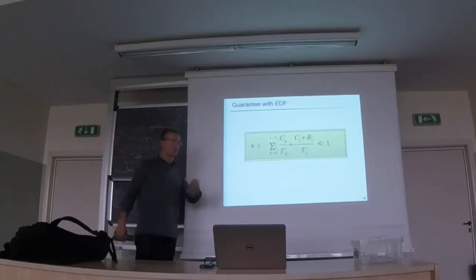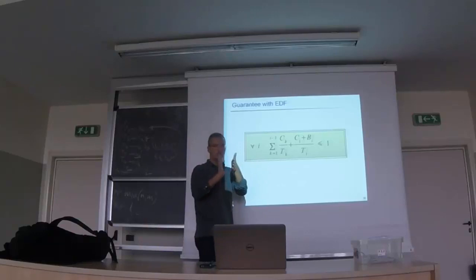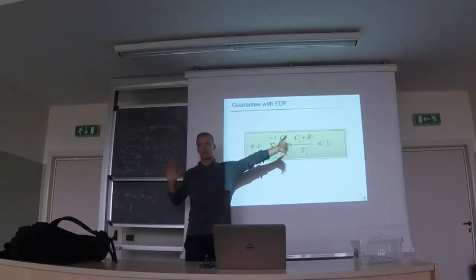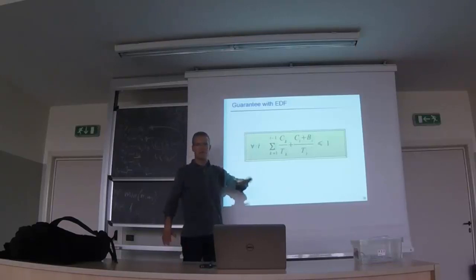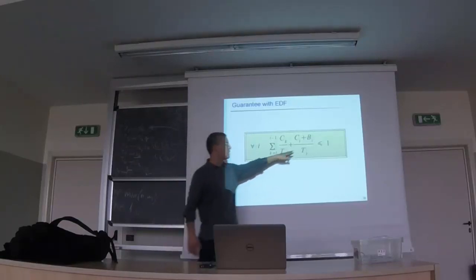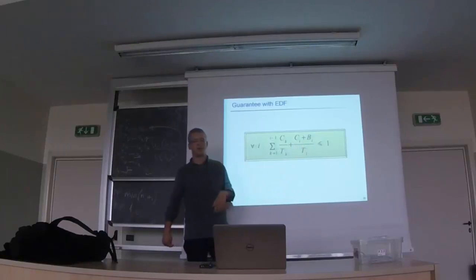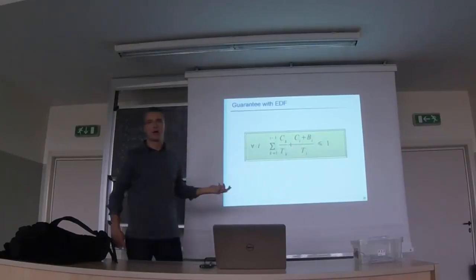So I sorted, so tau 1 is the task with smallest relative deadline, tau n is the task with the largest relative deadline. I need to repeat the test for each single task, factoring in the blocking it may experience in my formula.